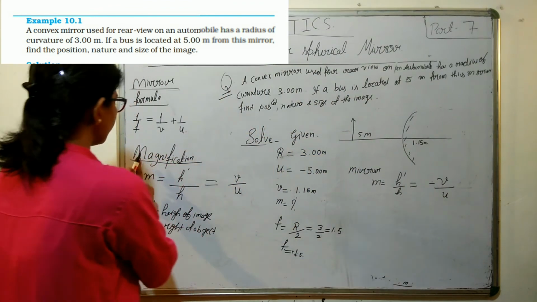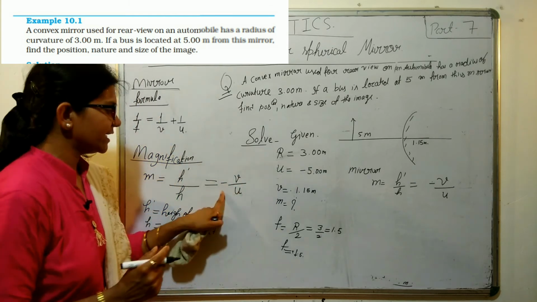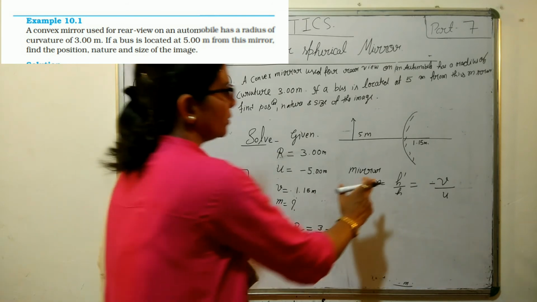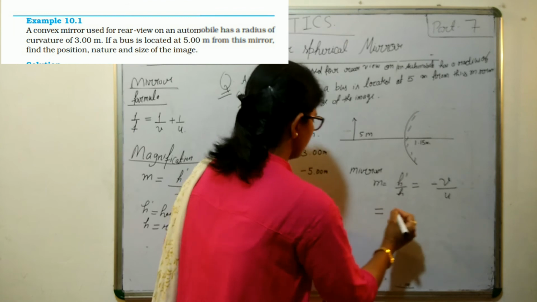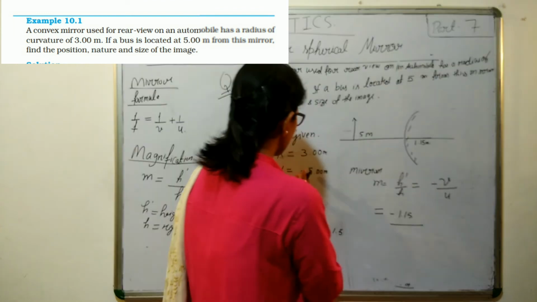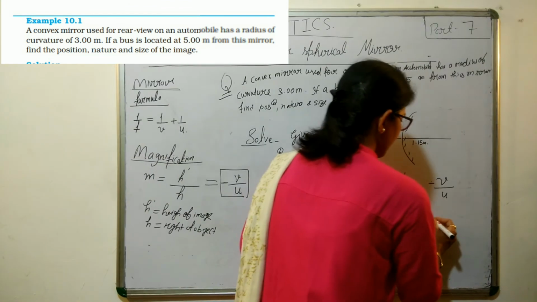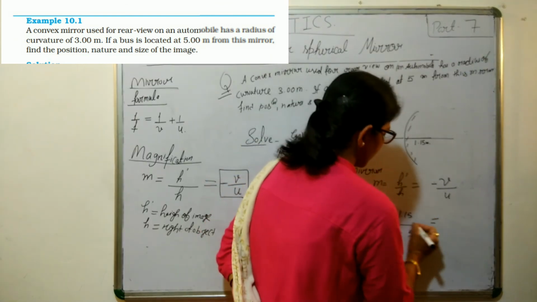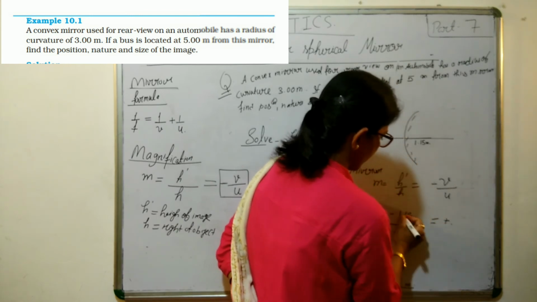Please pay attention here, it is minus v by u. We don't have the heights, so we can use this. The value of v is 1.15 and u is minus 5, so you will get plus 5. If you solve it, what you will get? Plus 0.23.